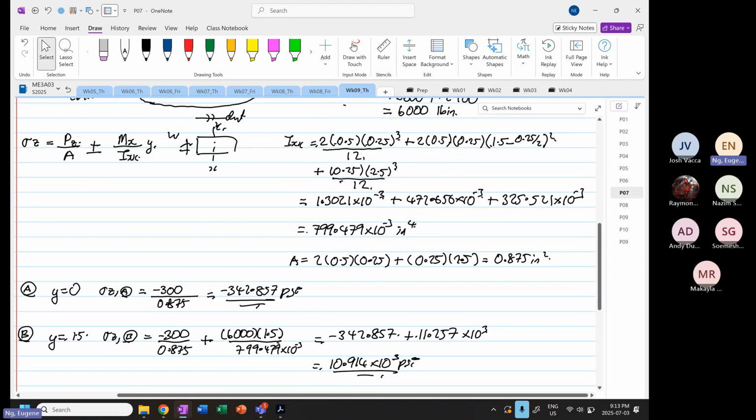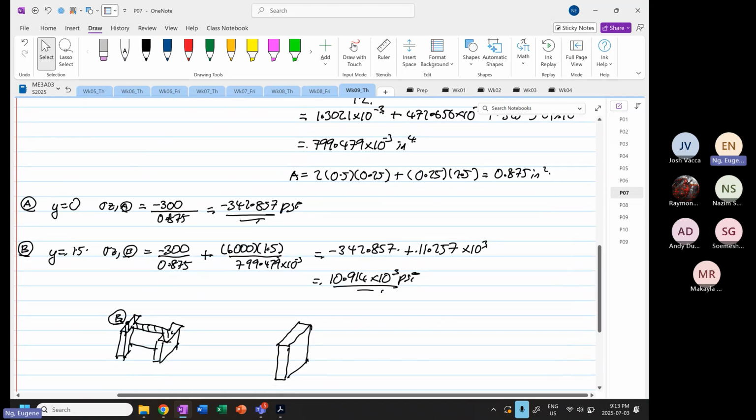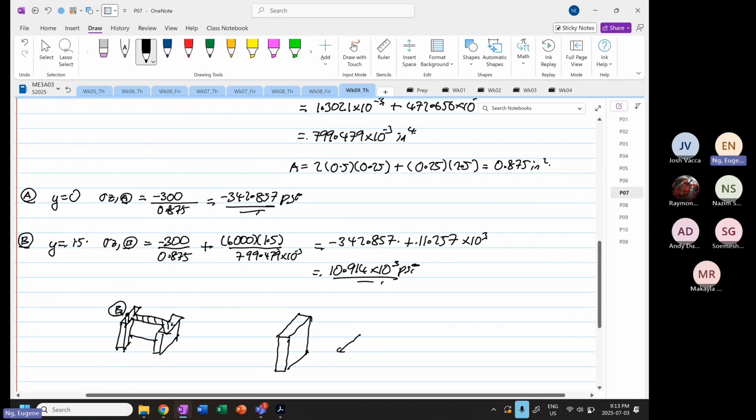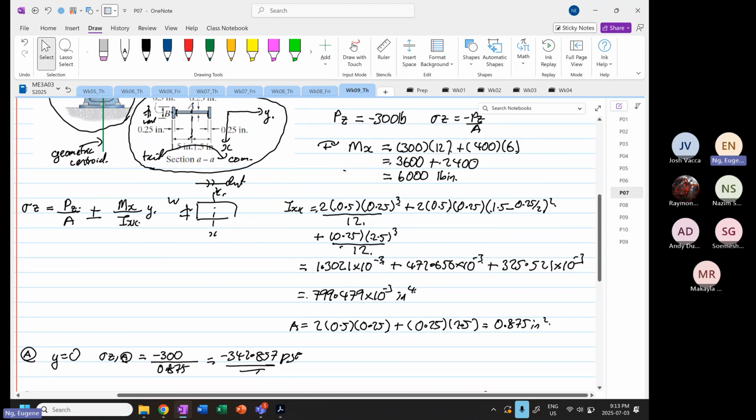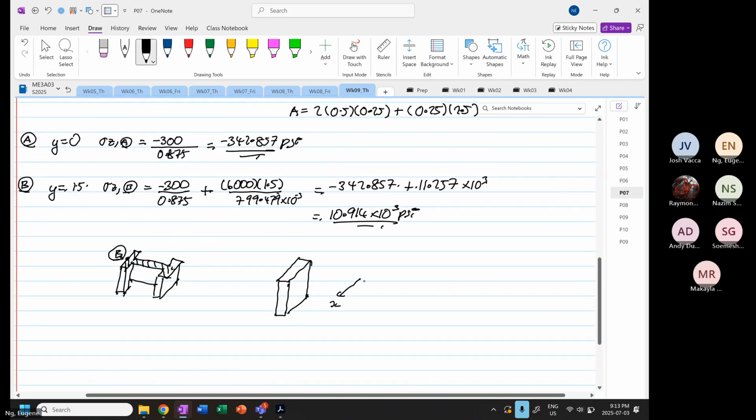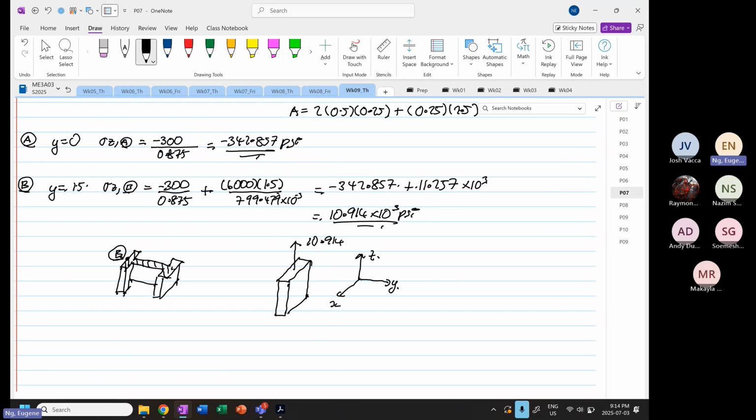Depending on how we label, this is our X, this is our Y, and this is our Z. We know that this has a tensile stress of 10.914 times 10 to the power 3 psi, and we have no shear at this point.